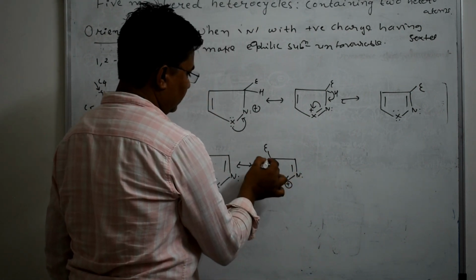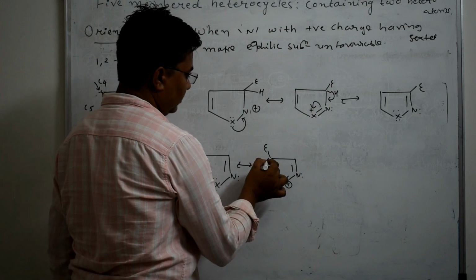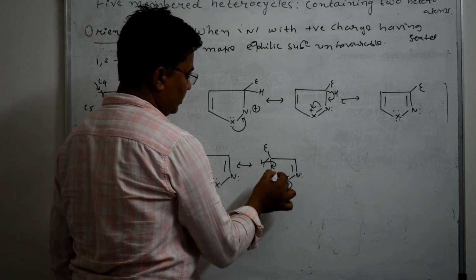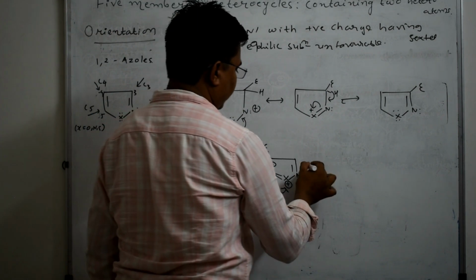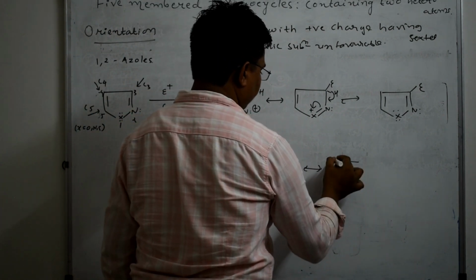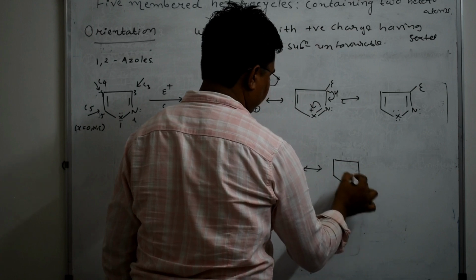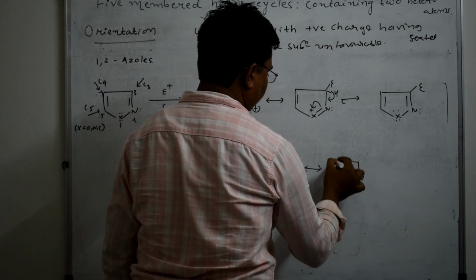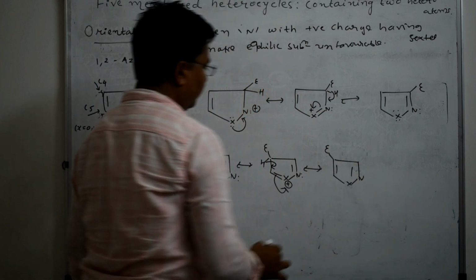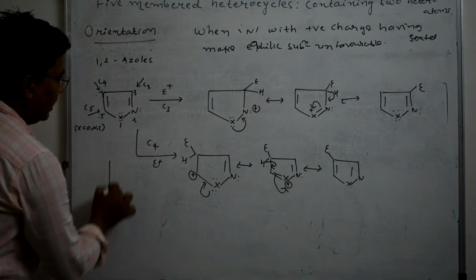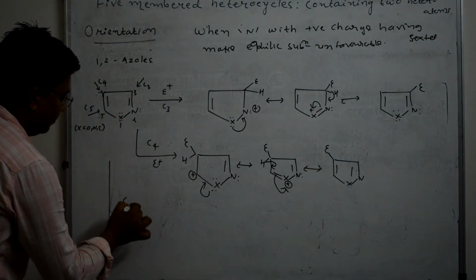So now this hydrogen will be migrated over this, and we will get this resonating form. If it attacks on C5 carbon, then what happens?